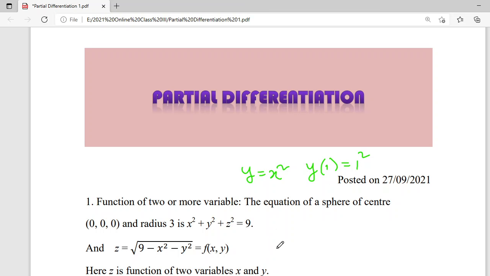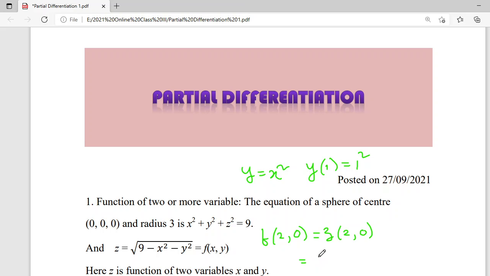f of, say, 2, 0 is equal to z of 2, 0. It means, in place of x, y, the first coordinate is x and the second coordinate is y.